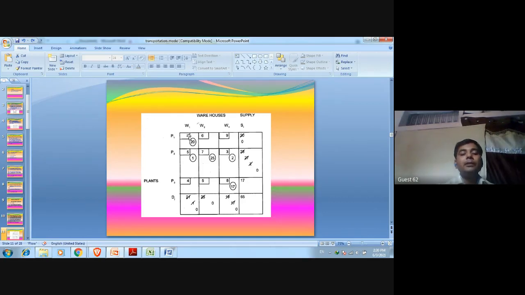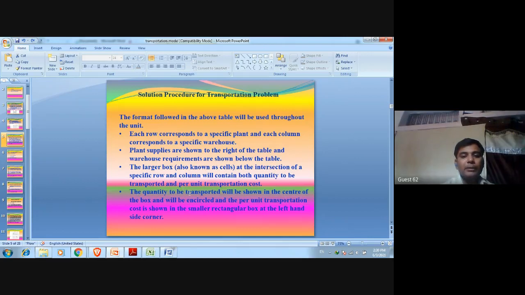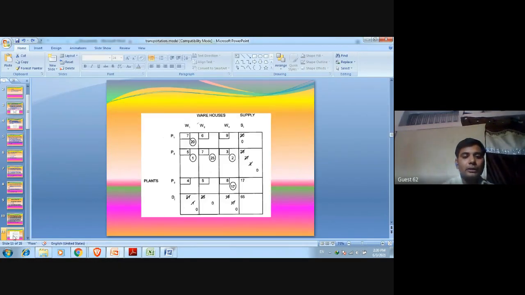In this figure, the quantity to be transported will be shown in the center of the box and be encircled, and the per unit transportation cost is shown in the smaller rectangular box at the left hand side corner. So within the circle is your transported unit, and this 7 is your per unit cost.